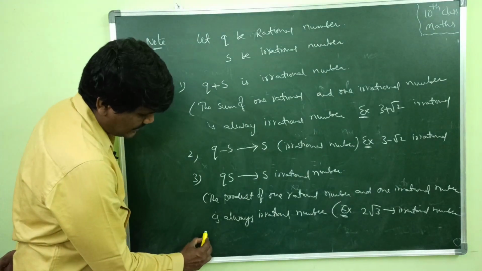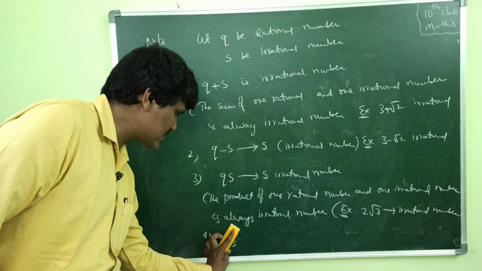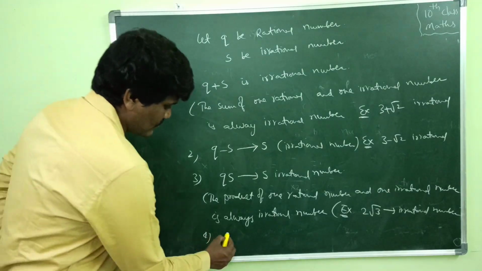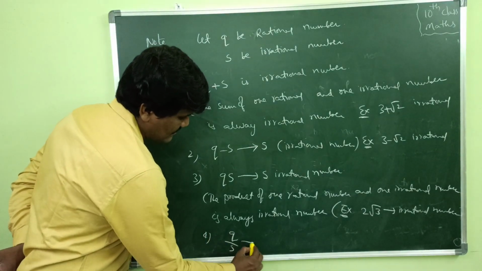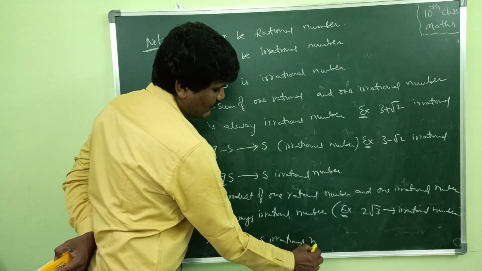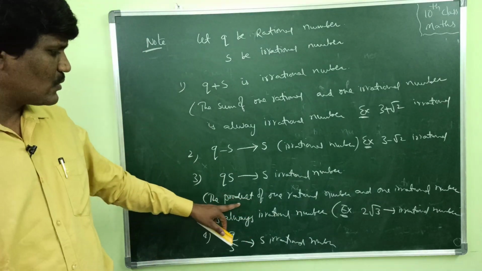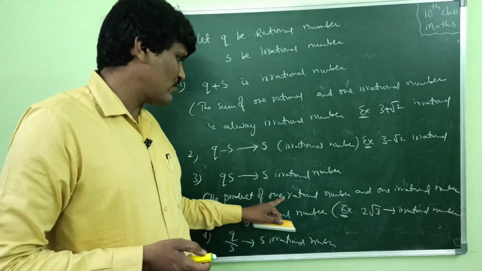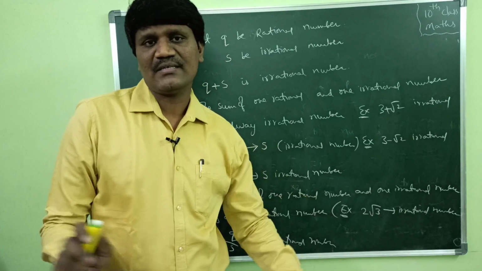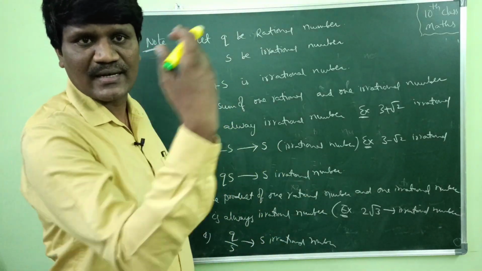In the same way, the fourth one: the quotient of a rational and an irrational number, q by s, is an irrational number. You can write that the quotient, or division, of one rational and one irrational number is always an irrational number. These four properties we learned in the 9th class.